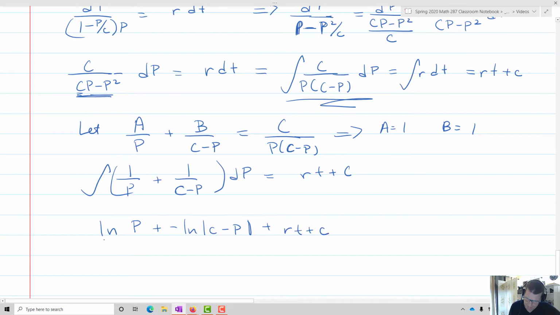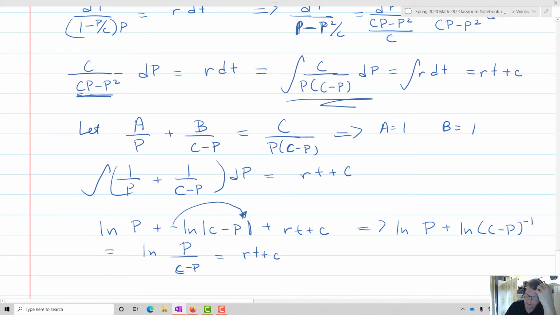And that is going to be the natural log of p plus the natural log of c minus p to the negative 1, which equals the natural log of p over c minus p, and that'll equal rt plus c. All we did there was bring the negative into the natural log, and then utilize our rules of logarithms to multiply the two of those values together. So that's going to end up being p over c minus p.